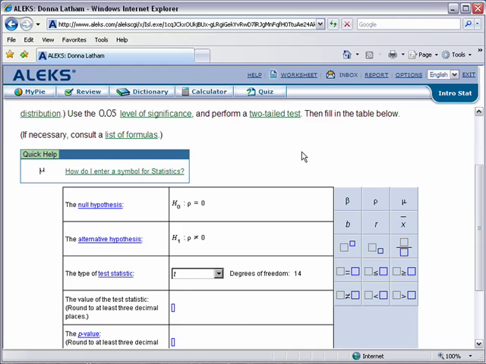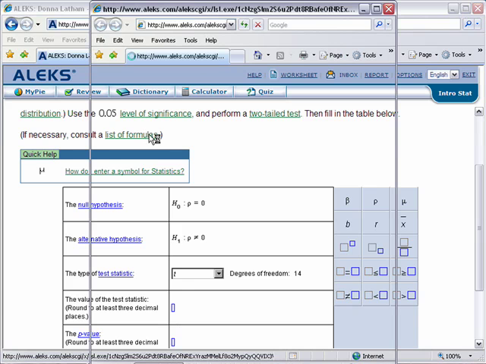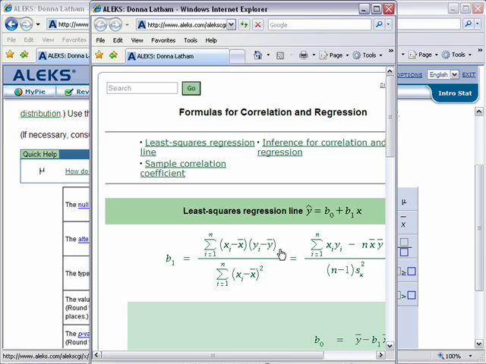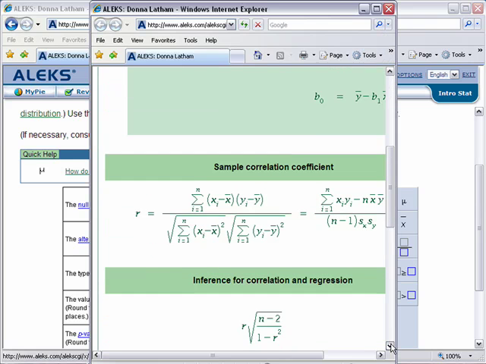And then to find the test statistic, if we go to list of formulas, then we'll have a formula for inference for correlation and regression.